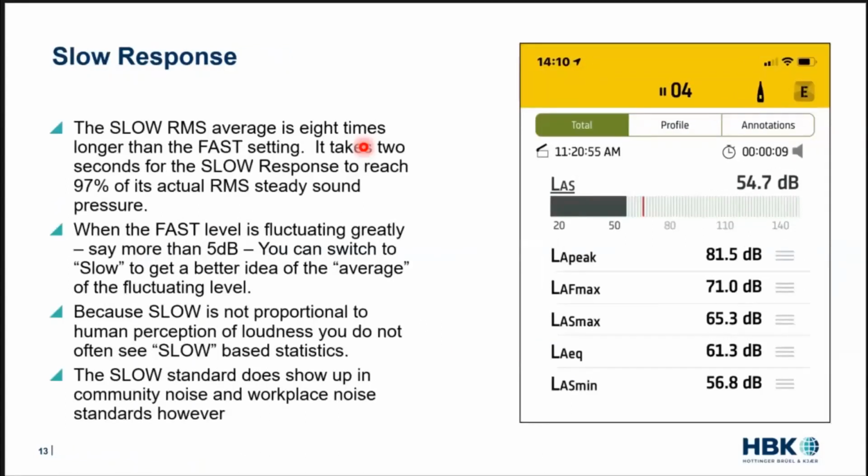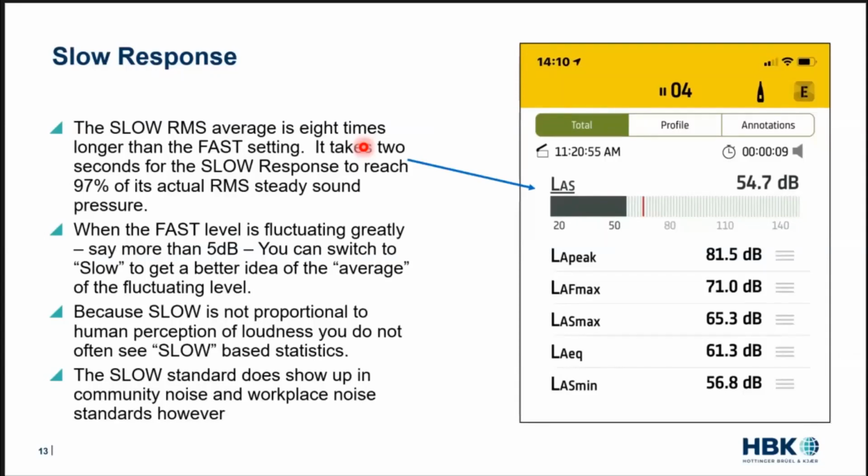The slow RMS average is 8 times longer than the fast setting. It takes 2 seconds for the slow response to reach 97% of its pressure accuracy. When the fast level is fluctuating greatly, say more than 5 dB, you can switch to slow to get a better idea of the average of the fluctuating level.